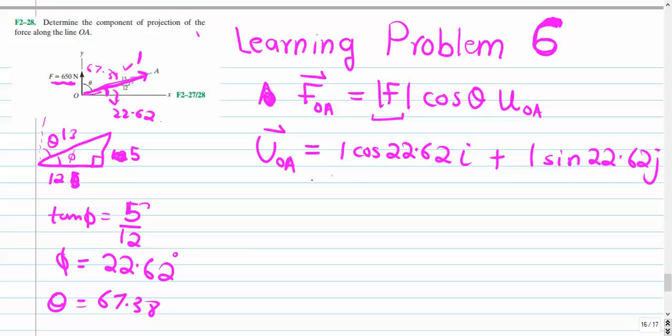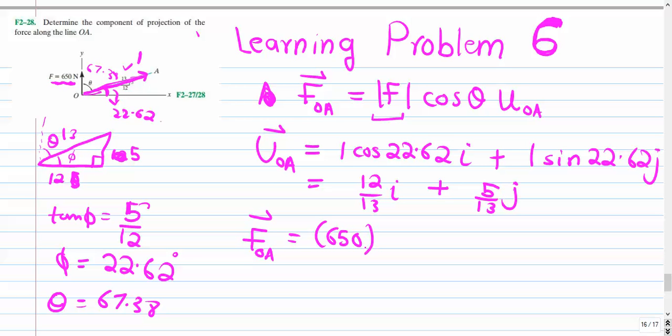And let's just replace these identities with fractions, right? So cos of 22.62 is equal to 12 by 13 i, while sin 22.62 is equal to 5 over 13 j.